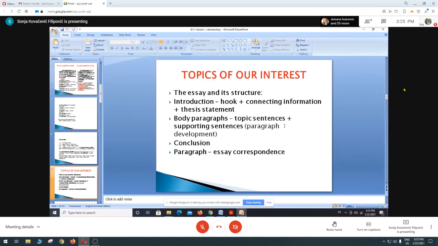Then the next part of the essay is the body paragraphs. Each body paragraph, as you well know, contains a topic sentence, supporting sentences which develop the paragraph, right? And the concluding sentence. The concluding statement. Let me just, I forgot to write it. Concluding sentence.